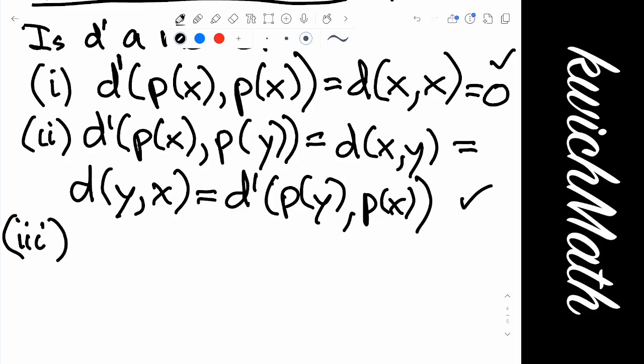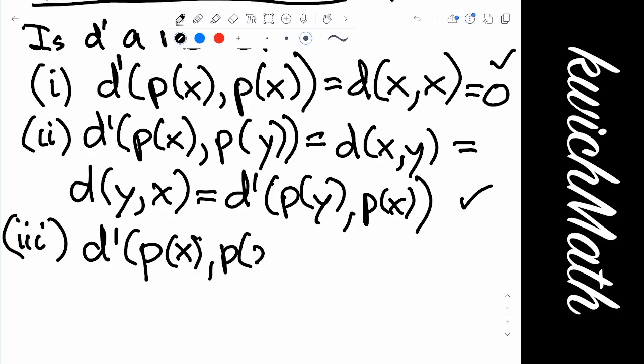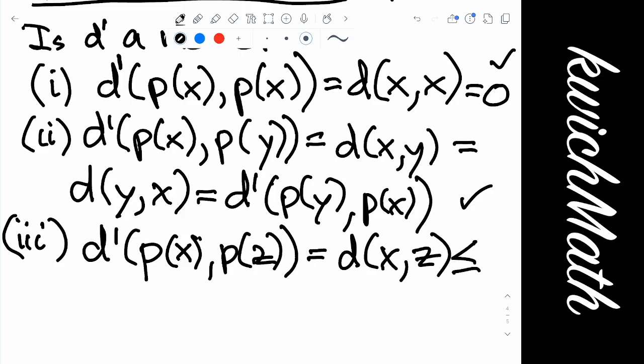And almost similarly, we need to show the triangle inequality. So we want to compare the distance from the equivalence class containing x to the equivalence class containing z. But what is this? By definition, this is the pseudo distance from x to z, but this is still a pseudometric, so the triangle inequality holds.